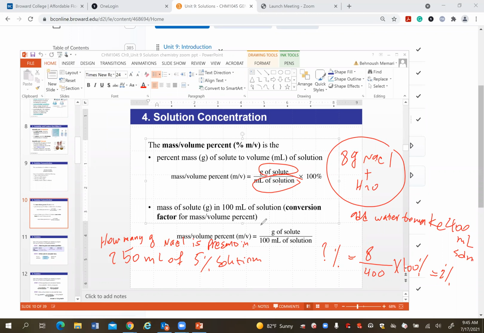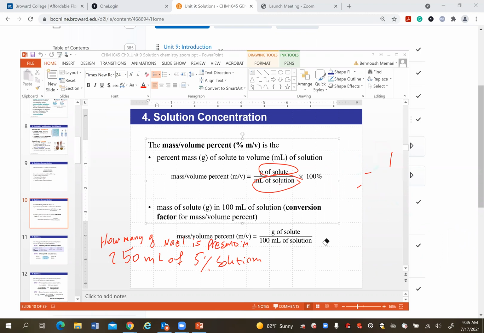If you have your calculators, you can start doing the calculation and tell me how much of that salt is going to be if you have a 250 milliliter solution. So you have 250 milliliter here, and the solution is 5%. How many grams of NaCl are there?